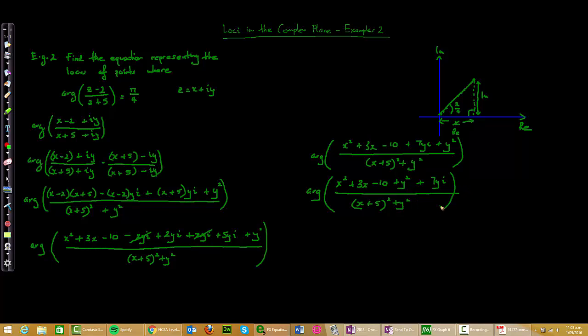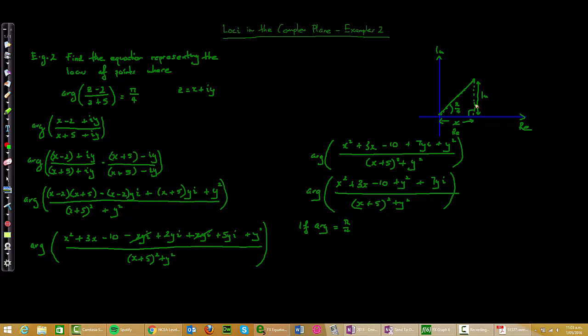Now if we think about our argument being equal to pi over 4, so if the argument is equal to pi over 4, this must mean that the real part, and yes, it's over that denominator, is equal to the imaginary bit over that denominator.